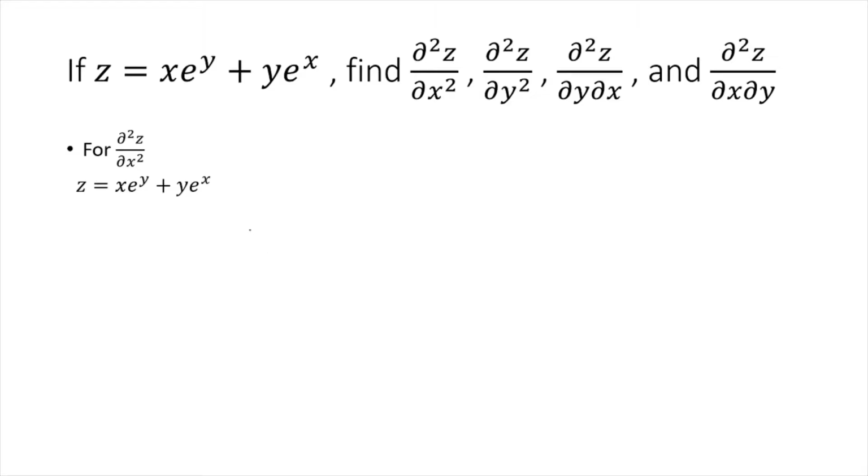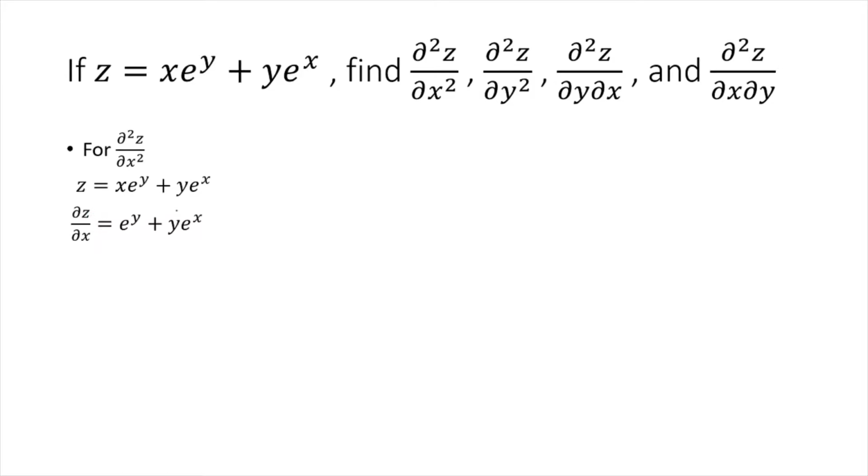So y is constant here, therefore e raised to y is constant. So we just differentiate x with respect to x, and that's equal to 1. So 1 times e raised to y for the first term, we get e raised to y. And then for the second term, again y is constant, so differentiate e raised to x with respect to x, and that's still e raised to x times y.